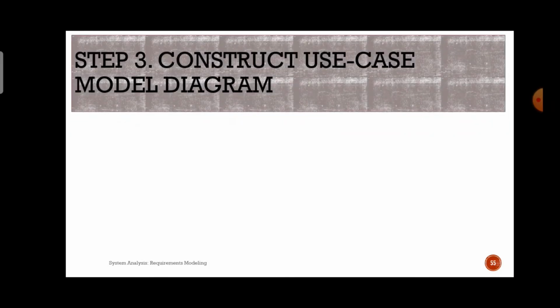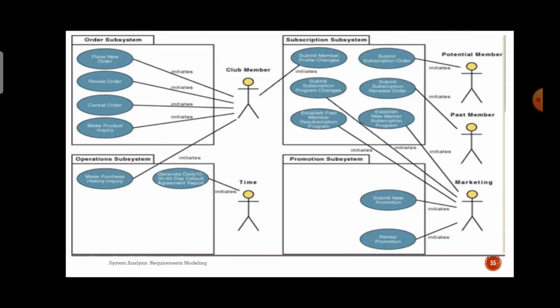So step 3 is construct use case model diagram. To make it a little short and to understand the diagram, use cases have been grouped into business subsystems.